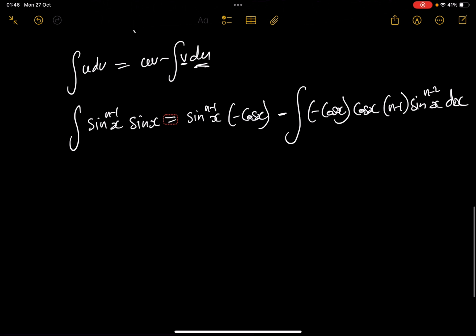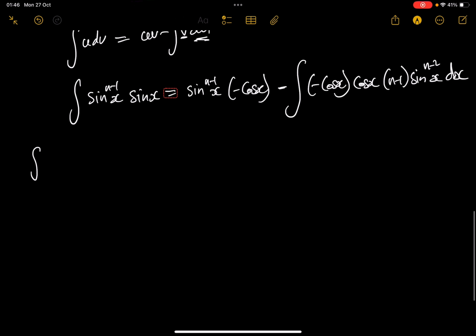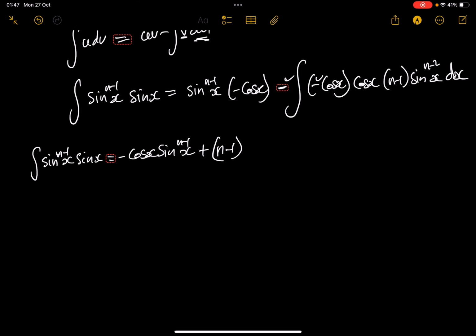So let me just rewrite this expression. The integral of sine n minus 1 sine x is equal to minus cos x sine n minus 1x, then minus minus is plus, and then I'm going to factor out n minus 1, and then the integral of cos squared x sine n minus 2x dx.